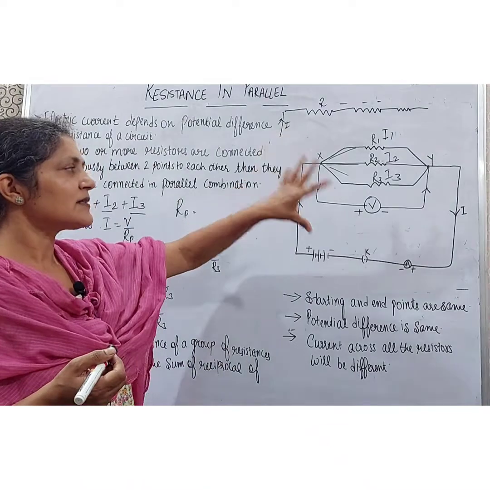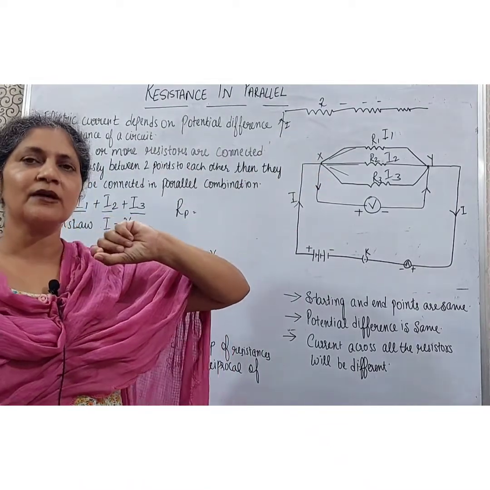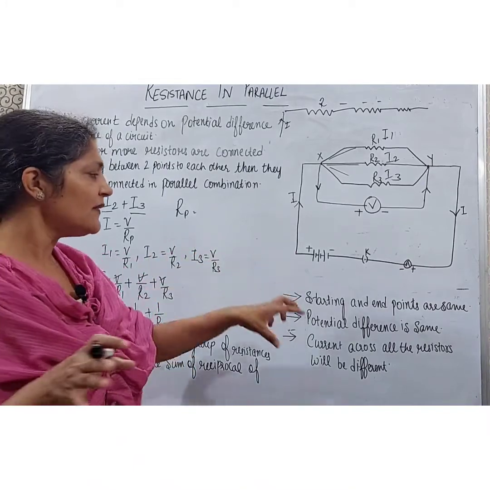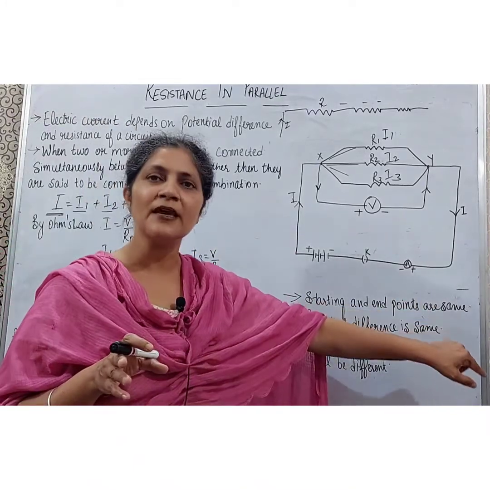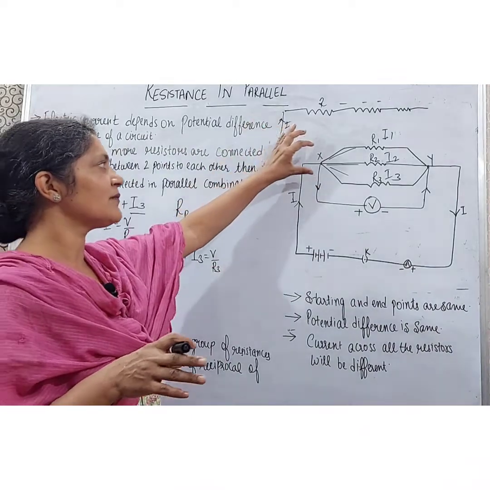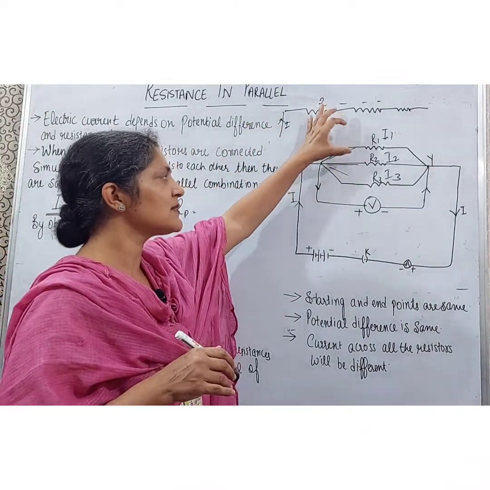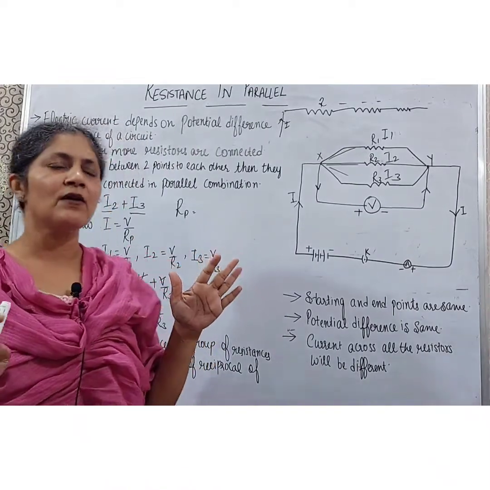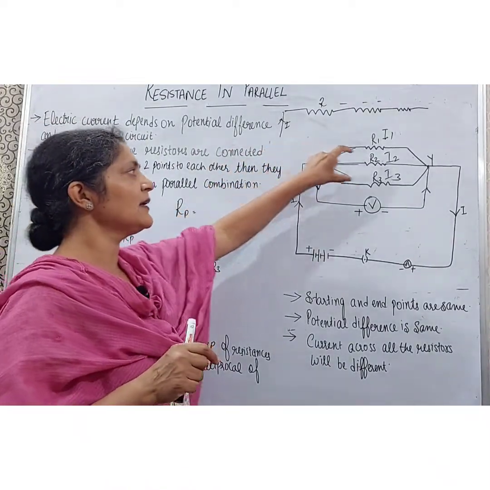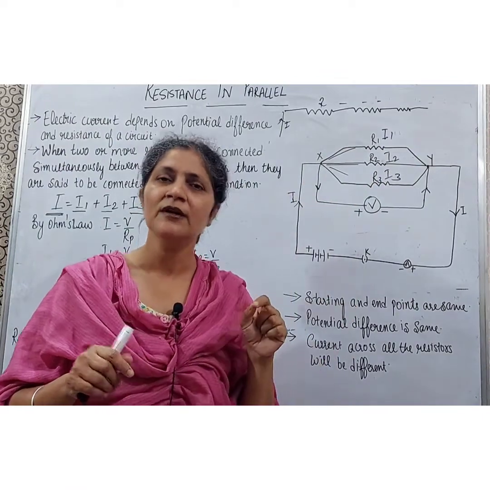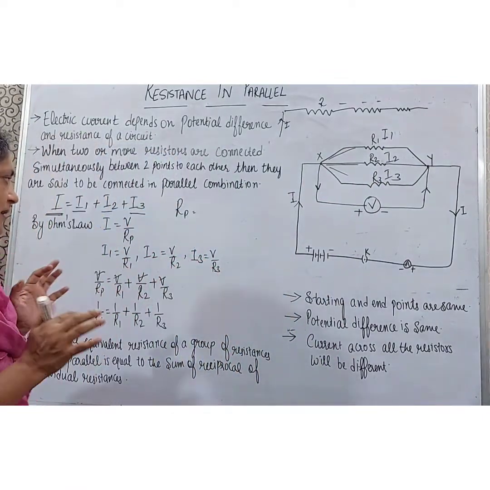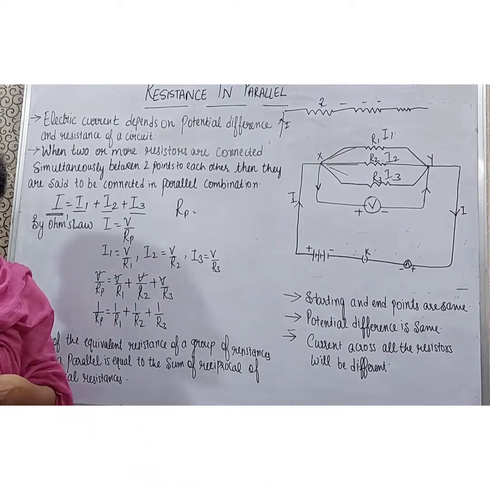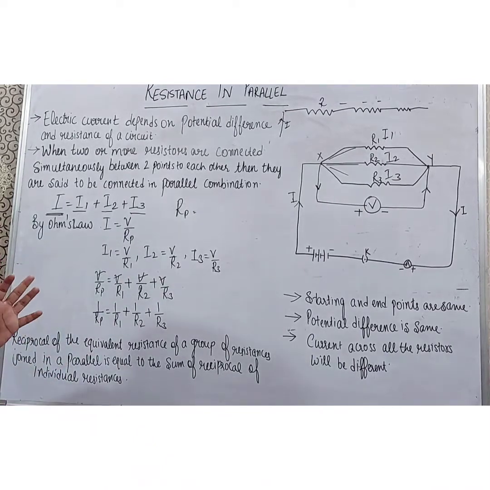Because potential difference is measured between the starting and the end point, the potential difference is the same. So the potential difference across all the resistors R1, R2, R3 will be the same, and the current across all the resistances will be different.